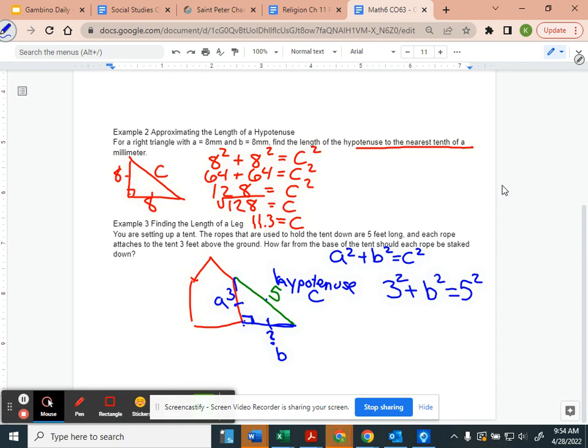So what I'm going to do first is find out my squares. 3 squared is 9 plus b squared. 5 squared is 25. What's my next step going to be? Bria? Why am I going to subtract 9, which was 3 squared, from 25?